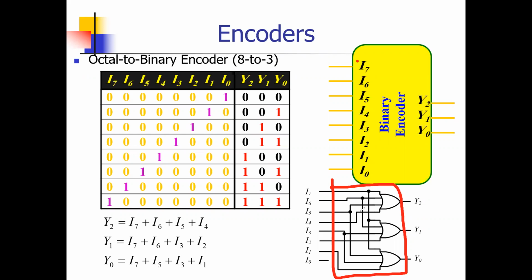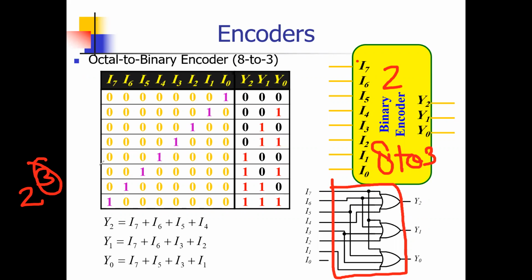To the power of n, same thing. Look, here it is 2 raised to a power because there are 8 inputs. So 8 to 3. Clear? 8 means 2 raised to power 3, so this 3 will be the output. You should know the output in terms of powers.